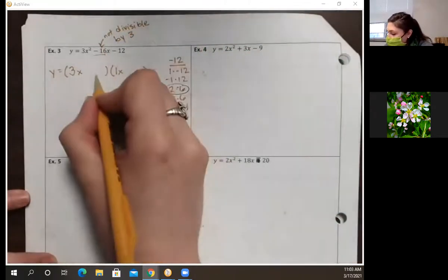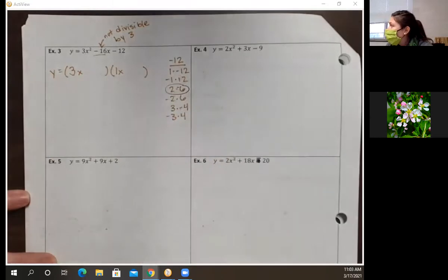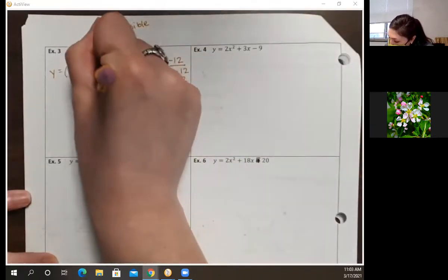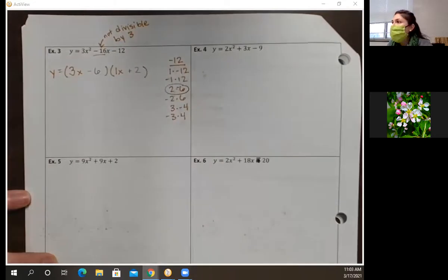So 2 and negative 6. Any strong feelings on if the 2 should go here or here? Two should go with the 1x. So plus 2 and then minus 6. Now here's how we check this. Distribute.